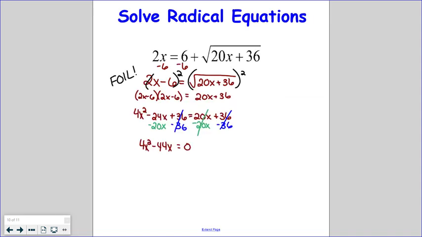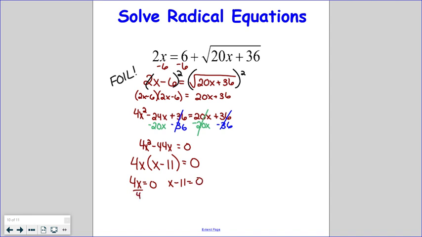And this is where remembering step number 1 of factoring is going to save us. Step number 1, look for a GCF. This has a GCF, right? 4 and 44 both have 4 in common, and they both have an x. So your GCF is 4x. And this time, I do set my GCF equal to 0 because it has an x. Everything that has an x gets set equal to 0.